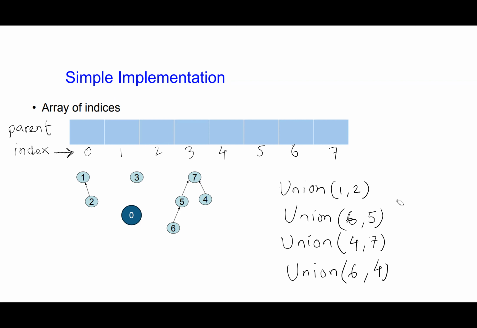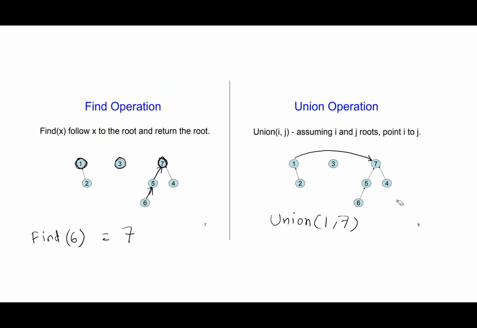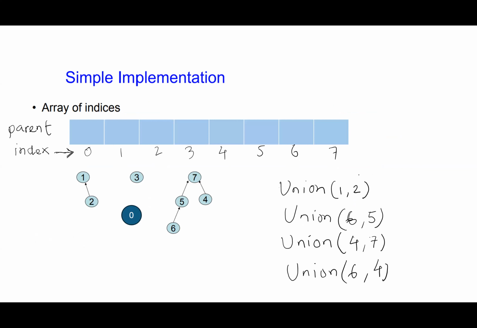But in the case of disjoint sets, each set can be represented using a tree, but these are up trees. So how do we represent them more formally?